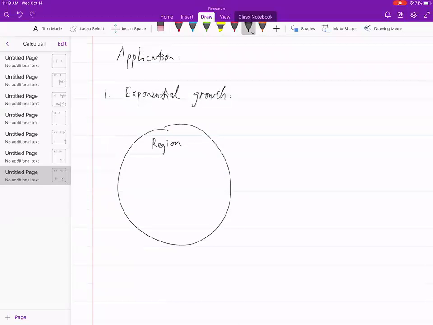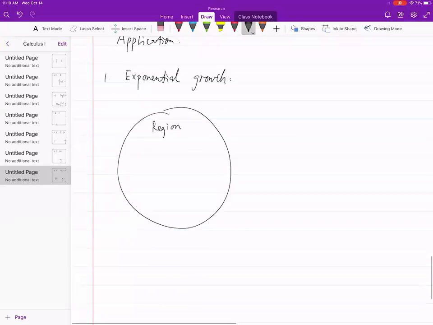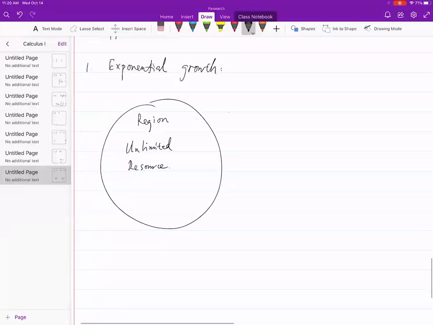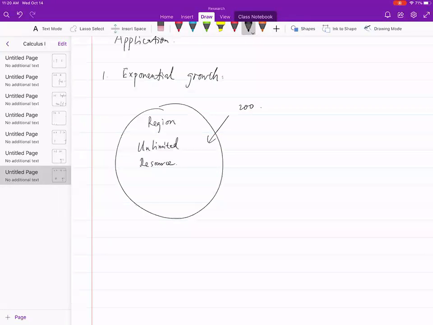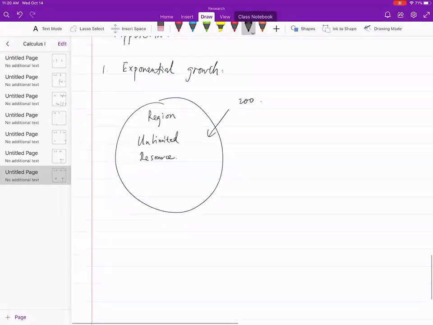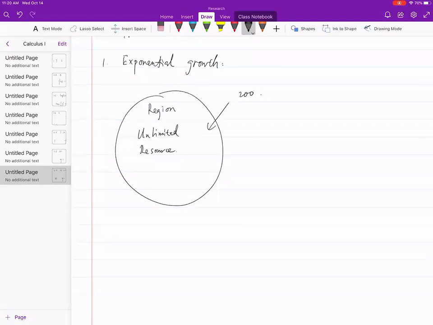Okay, here's the region. And we'll assume we have unlimited resources. Now, initially, we have 200 immigrants coming in. They just live there. Because there is no competition, no restrictions, so we can roughly assume they have a constant birth rate.